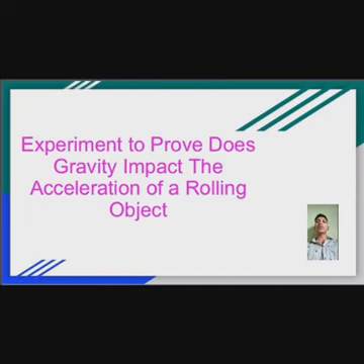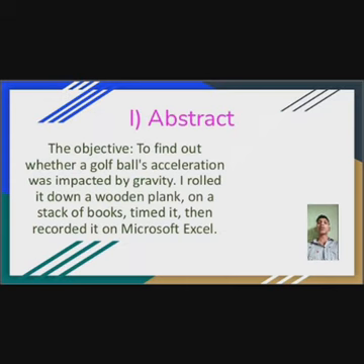Third, experiment to prove does gravity impact the acceleration of a rolling object. Abstract. The objective is to find out whether a golf ball's acceleration was impacted by gravity. I rolled it down a wooden plank on a stack of books.